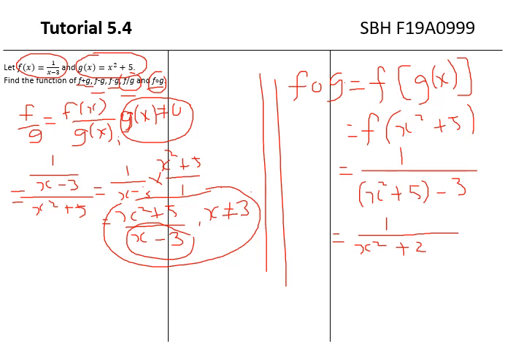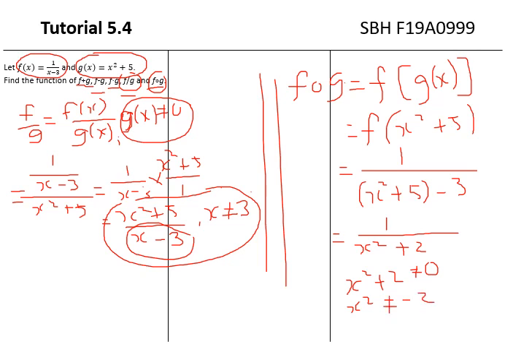You need to remember that the denominator cannot be 0. So that means x squared plus 2 cannot be 0, so x squared cannot be negative 2.